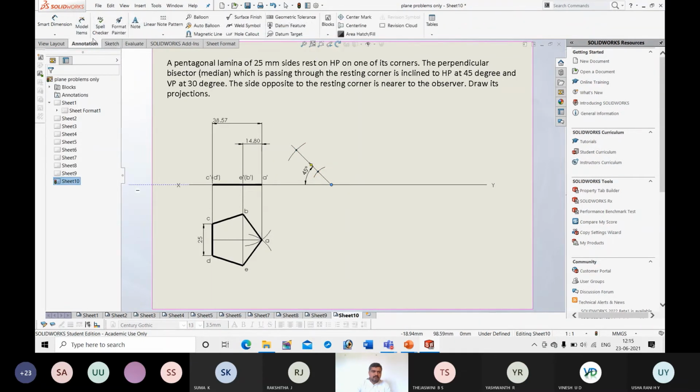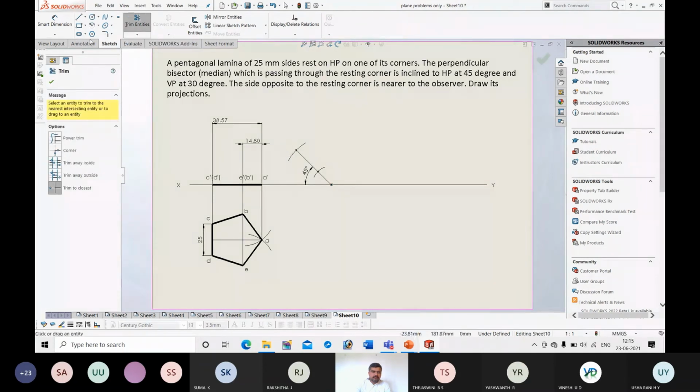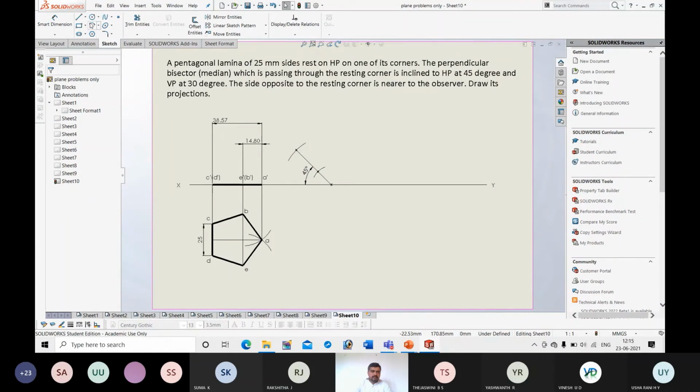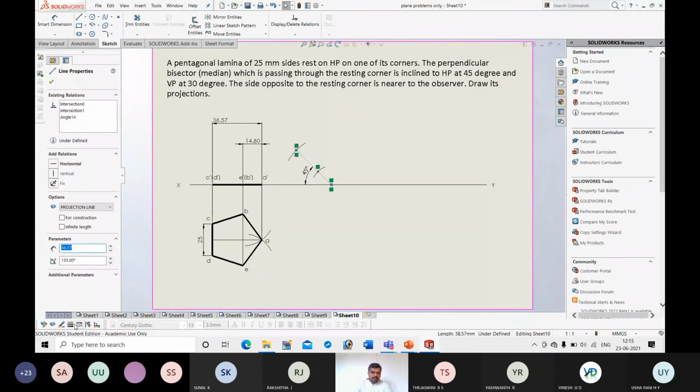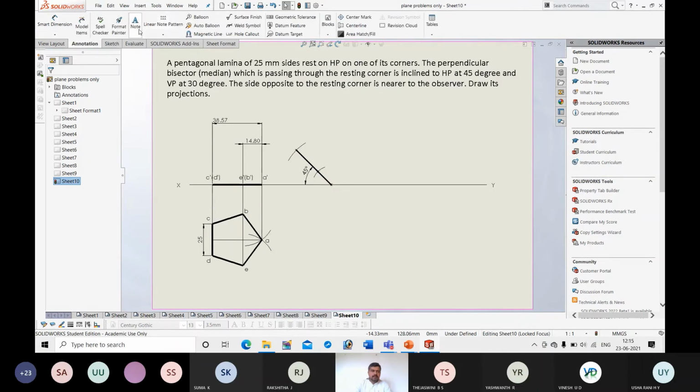Okay, next, I will increase the thickness. Then next I will name the points.